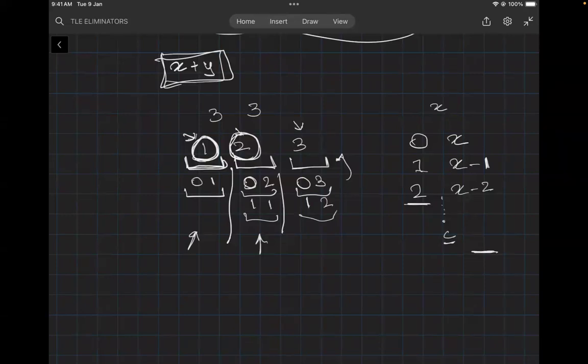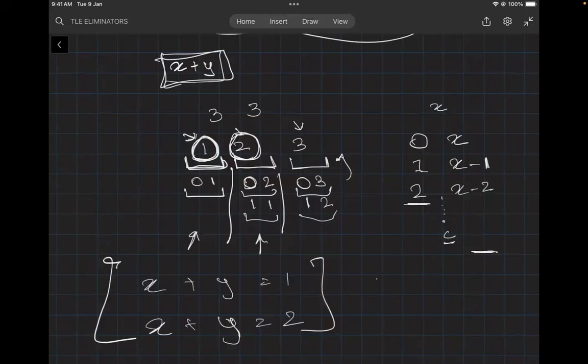Yeah, because 1 and 2 are different, right? x plus y is equal to 1, x plus y is equal to 2. x comma y cannot be the same in both of these, because if it was, then math would be broken. If some pair's sum is equal to 2, its sum cannot be 1.